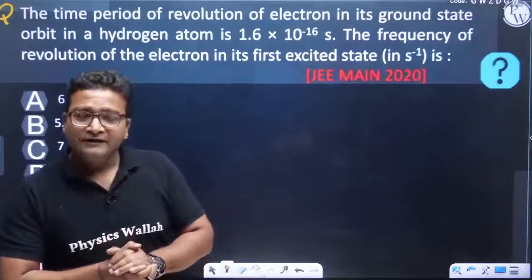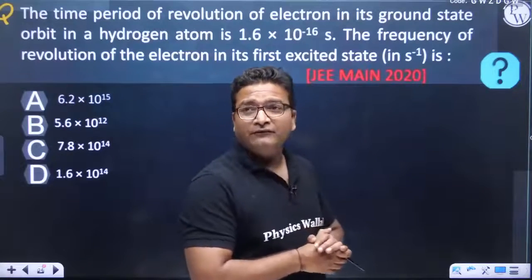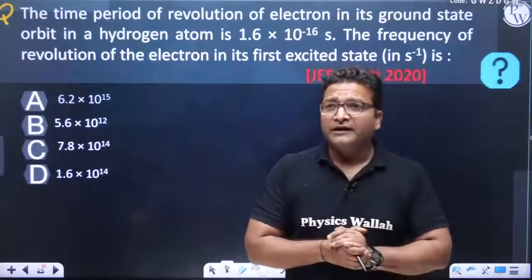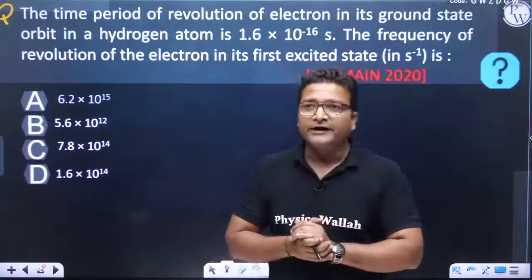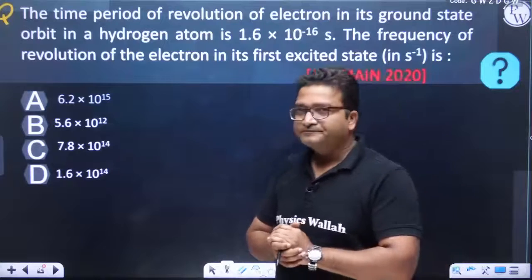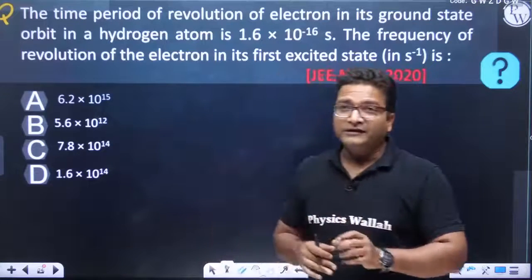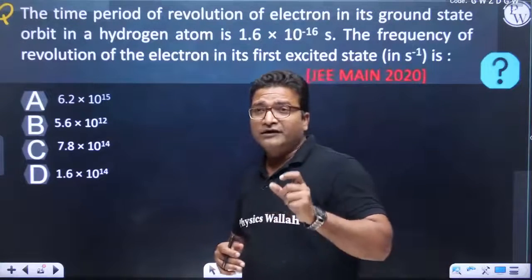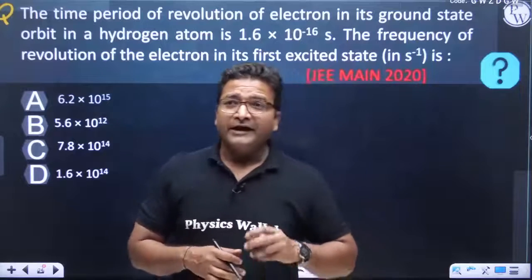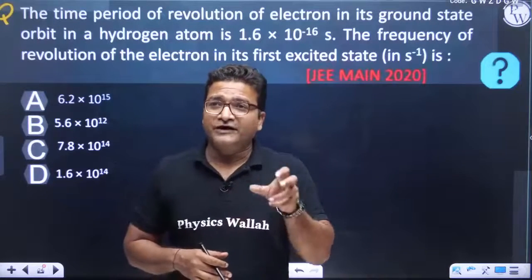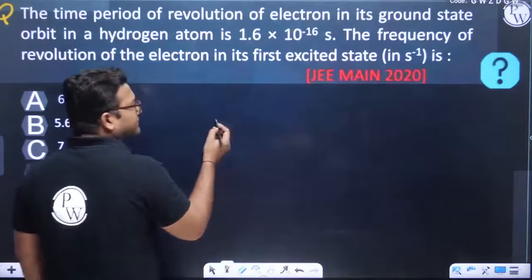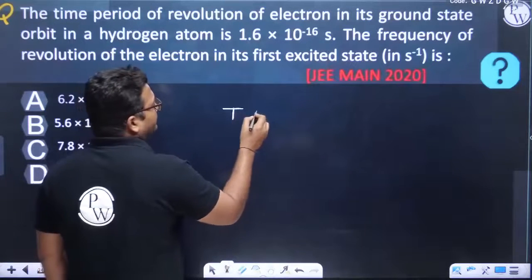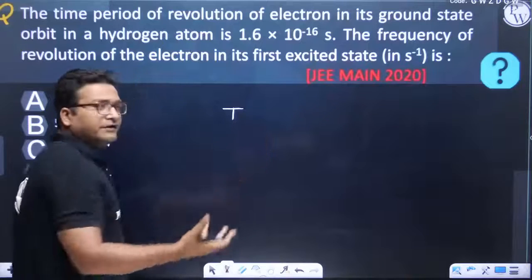This time they are asking, what is the time period of revolution of electron in ground state orbit in a hydrogen atom? They are saying the time period of revolution of electron in ground state orbit of hydrogen atom is 1.6 times 10 to the power minus 16. As I just told you, the time period is proportional to n cube by z square.